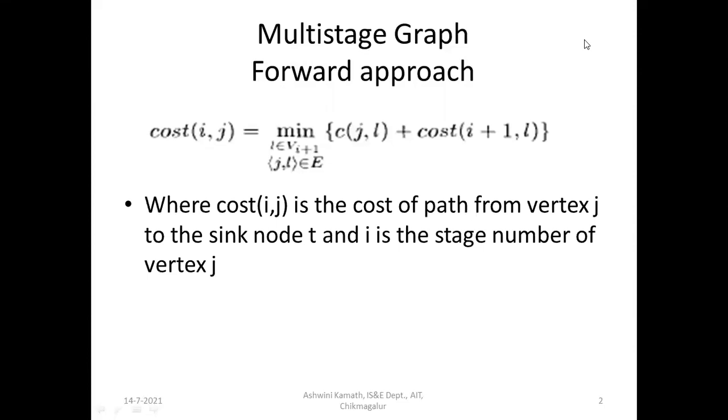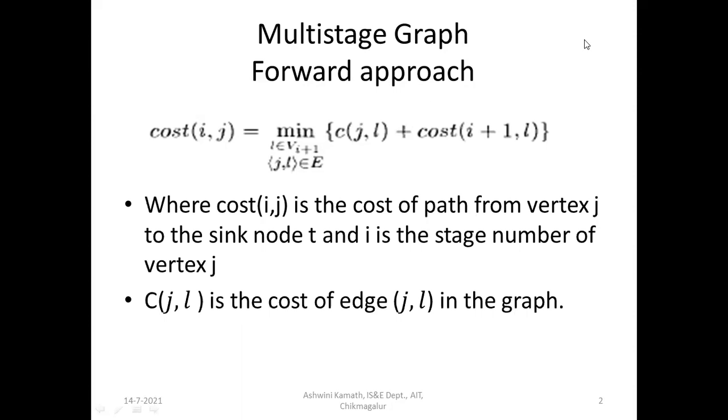Cost of i, j is the cost of the path from vertex j to the sink node t, and i is the stage number of vertex j. Cost of i, j is the path length from vertex j to the sink node. Since it is a forward approach, we write the cost from vertex j to the sink node.